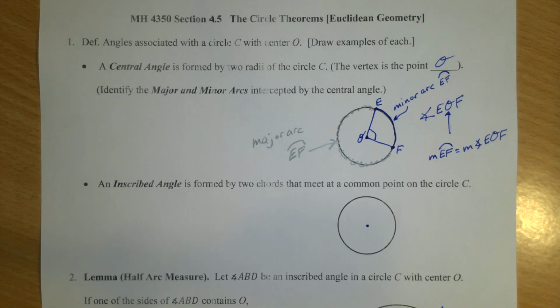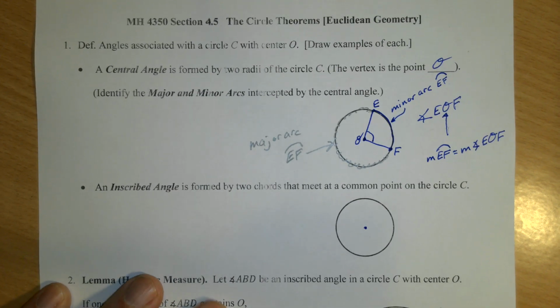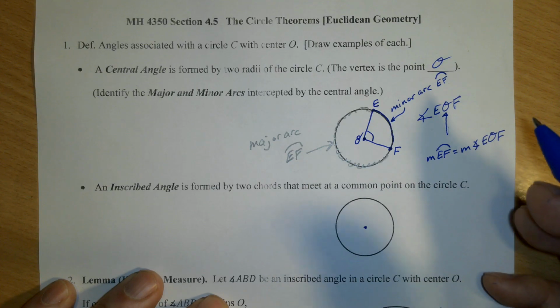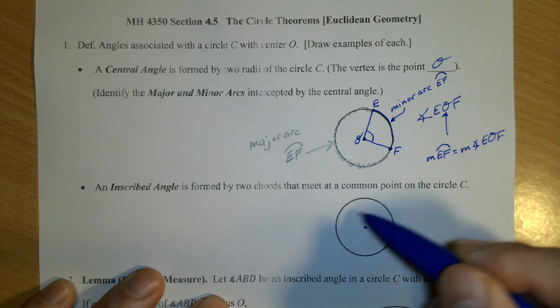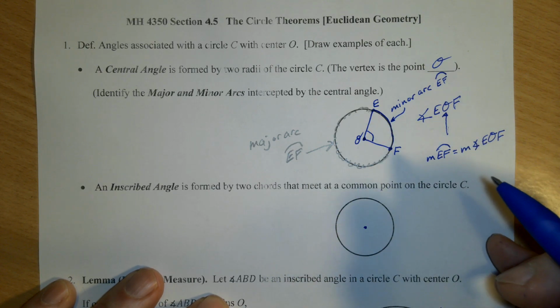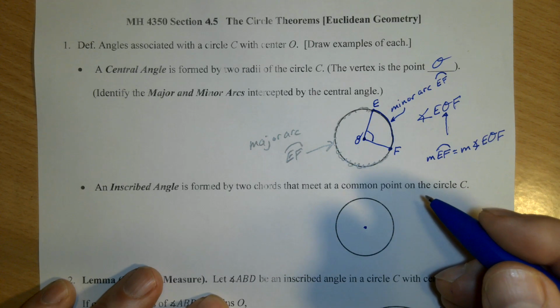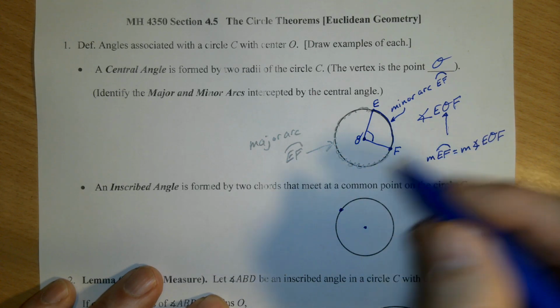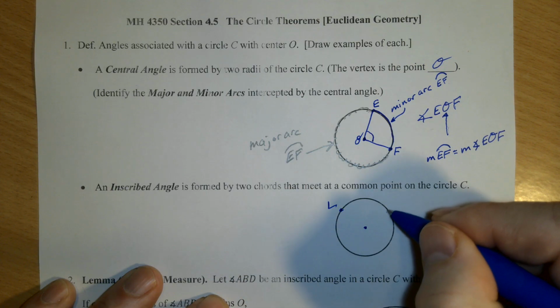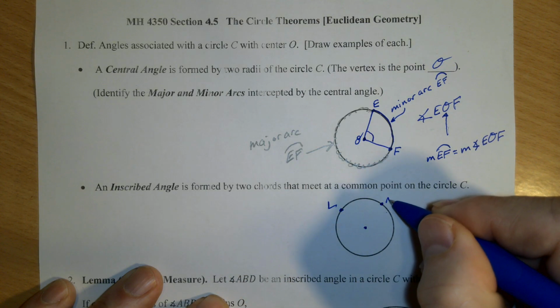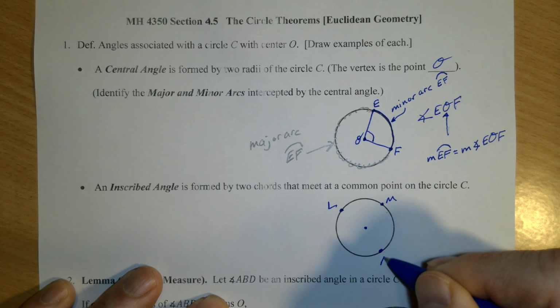And now let's look at an inscribed angle. An inscribed angle, basically you just take any 3 points you want on the circle and create an angle out of them. Let me put an L there, maybe put an M here, and N here.